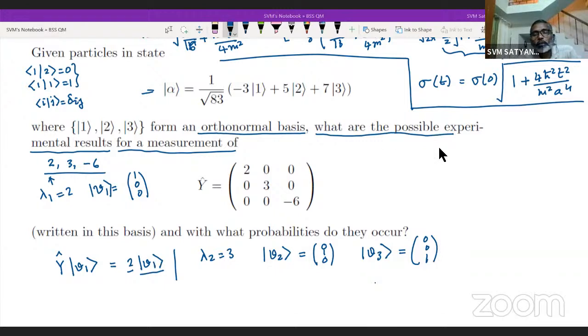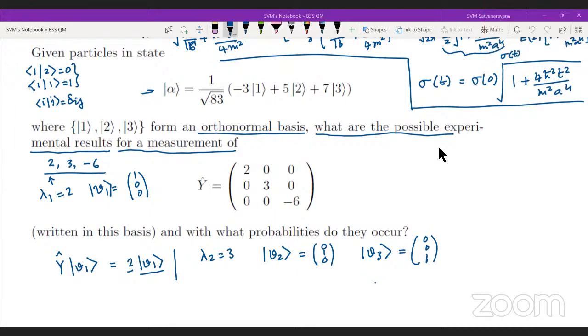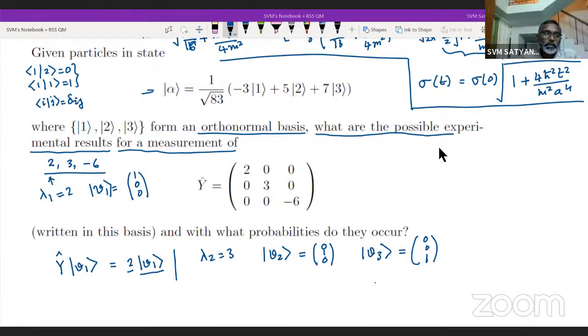What gives you the idea that they should be the same? Whenever it is said that y is written in this basis, this basis means this 1, 2, 3 basis. When you write something in a basis and it turns out to be diagonal, that basis is an eigenbasis. All these vectors are eigenvectors. Only then will you get diagonal elements.